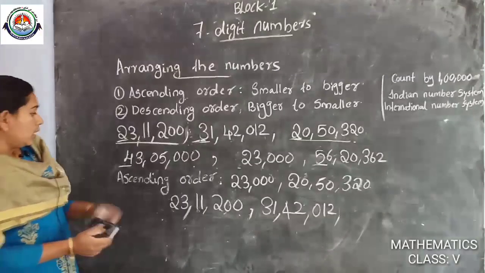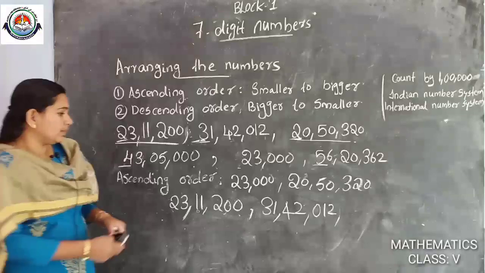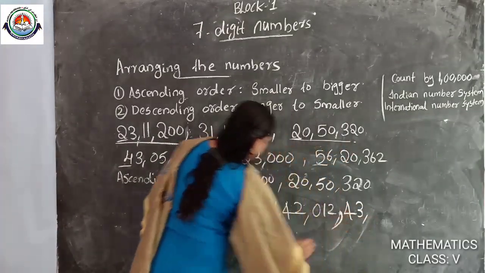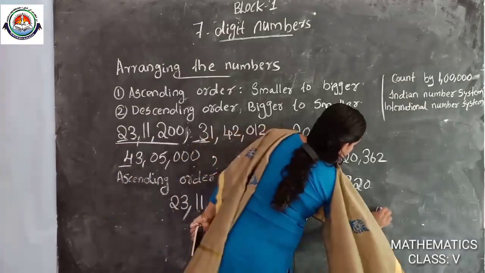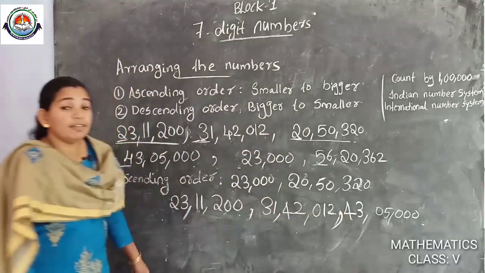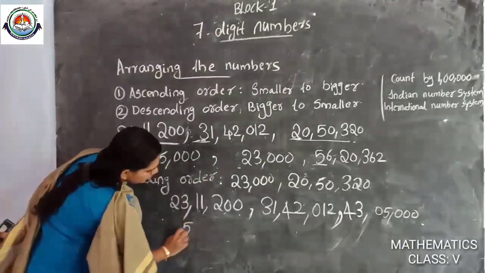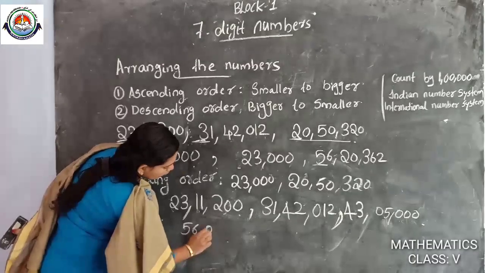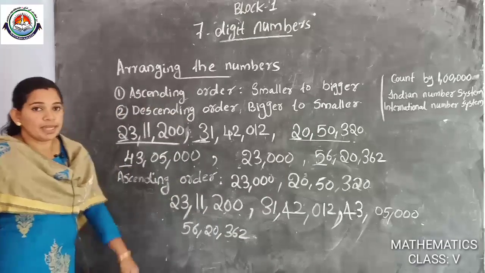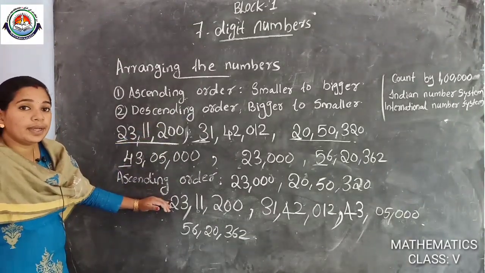Then 4 or 5, which is smaller? 4. So 43 lakh 5,000 is the next smallest number. Then which is the largest number here? 56 lakh 20,362 is the largest number. Now we understand how to write in ascending order.